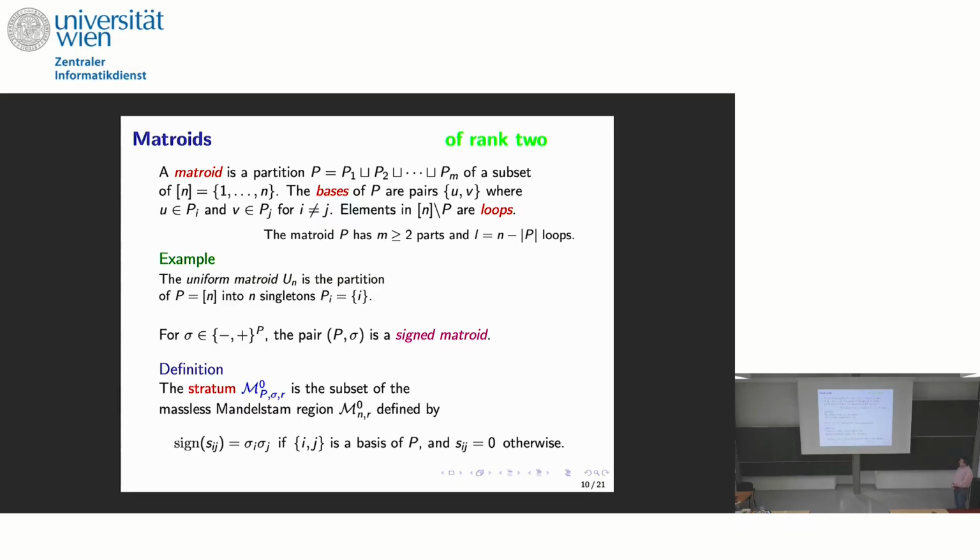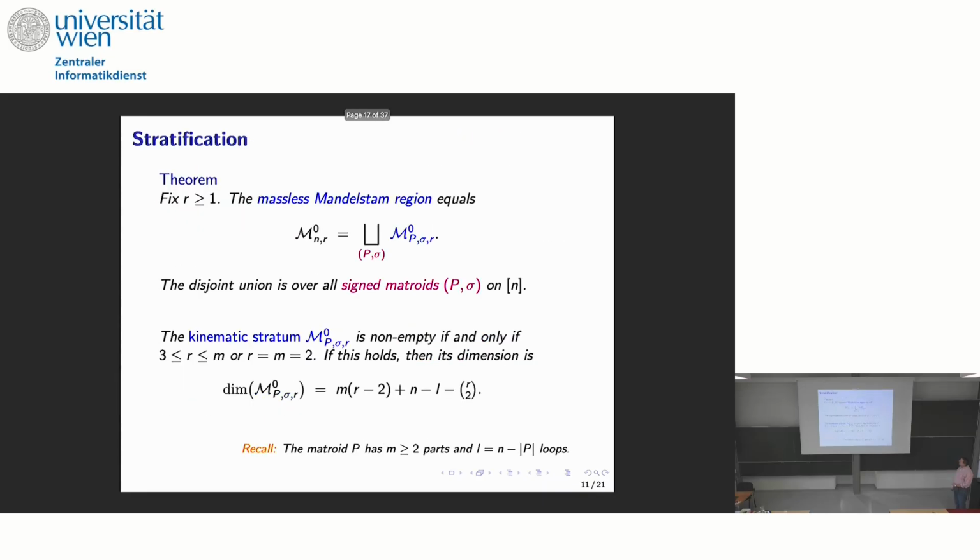Okay, now we're reaching the half point. So here's a first theorem. I'm going to fix the rank R to be a positive integer. Then the massless Mandelstam region, Mn upper 0, is the union of strata that I just described, M0P sigma R, and it's the union over all signed matroids.